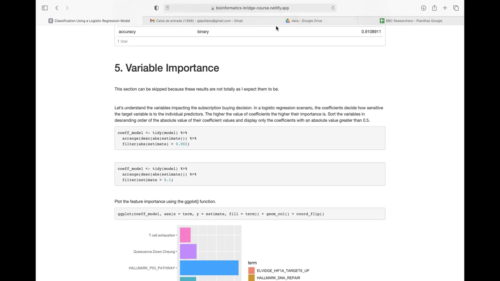Are you calling the outliers the cases where the prediction is not accurate? Yeah. We can discuss that, but because of time, we will actually not have time to look into that.